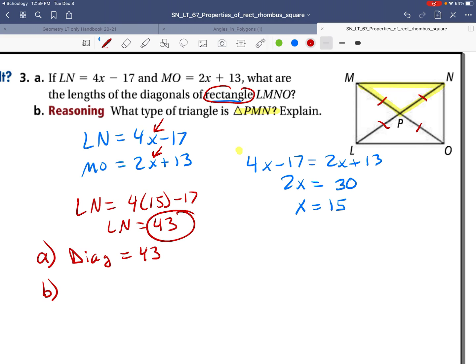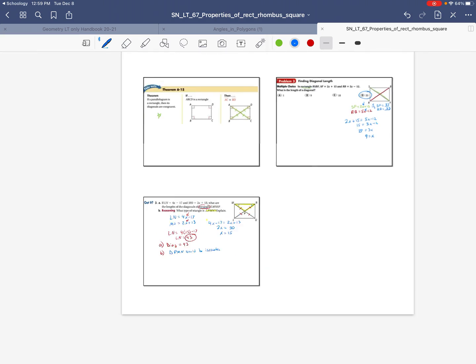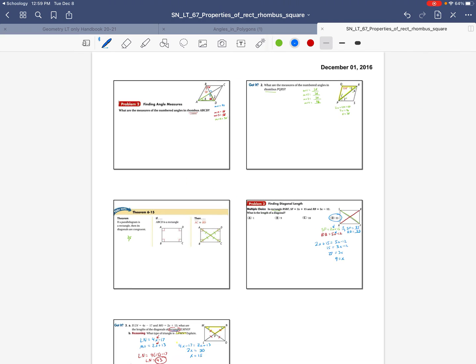And so in looking at that yellow triangle, you get an isosceles because the opposite angles will be congruent. So what we have here is that triangle PMN would be isosceles. And that's all for this movie.